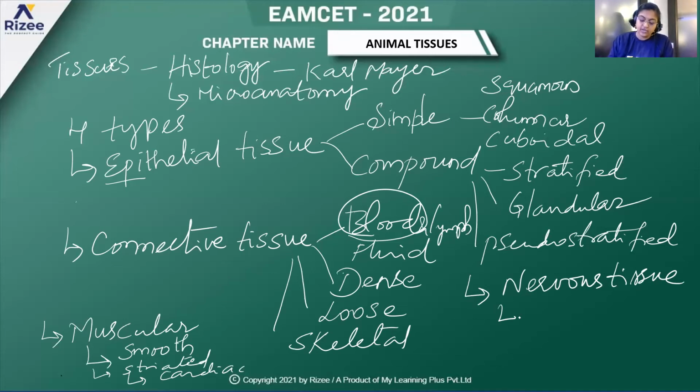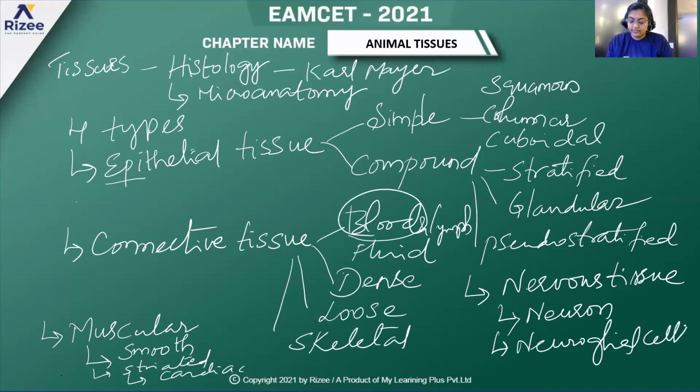In this nervous tissue, we have the main neuron, the nerve cell, and its types. And then we have the nourishing tissue, which provides nutrition to these neurons to function. We call them neuroglial cells. This has been the flow chart of the animal tissues.